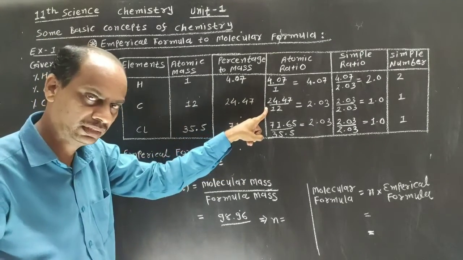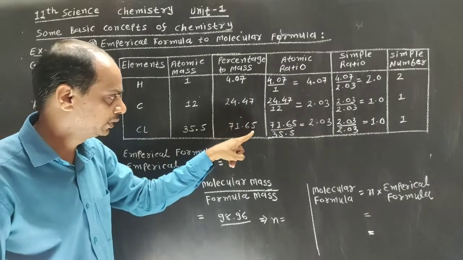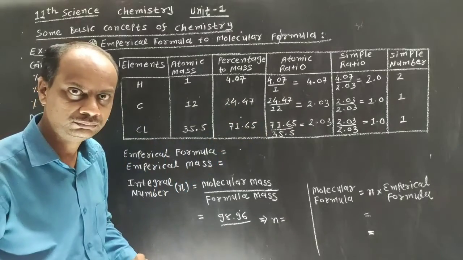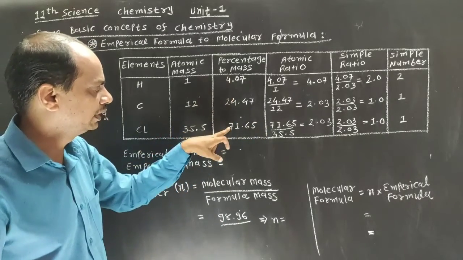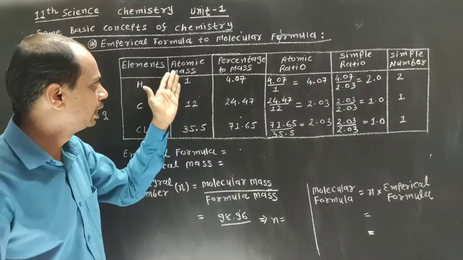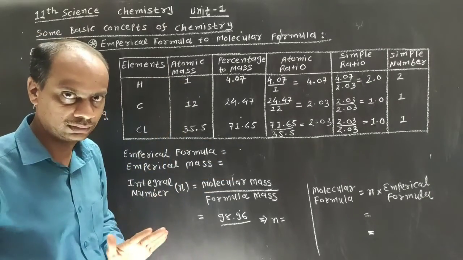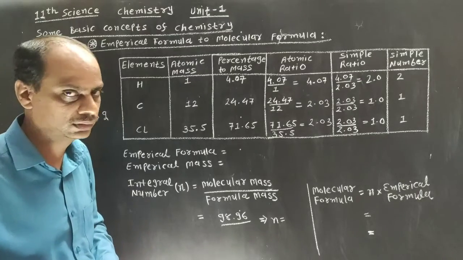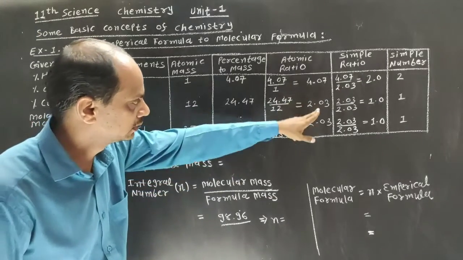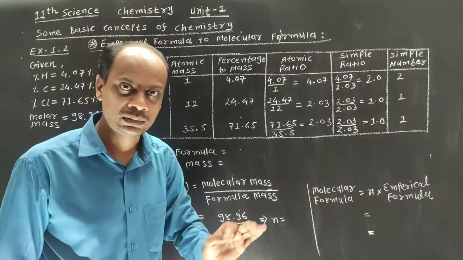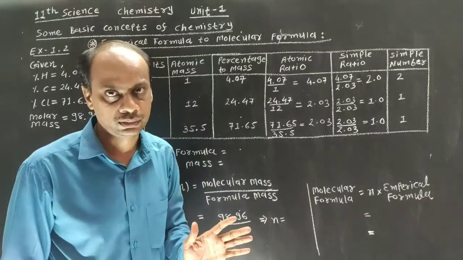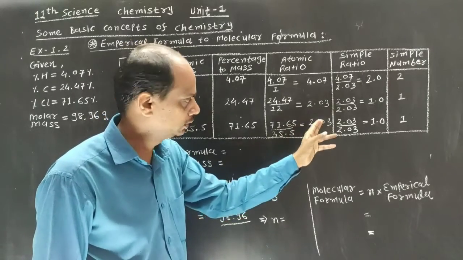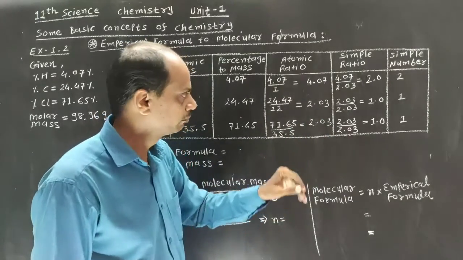Am I clear now? 71.65 is divided by 35.5. It means all these values are divided by the atomic masses, for all these types of examples. Now here are the answers which you obtain by simplification with a calculator. If you got 2.03 or 2.002, they are the same.